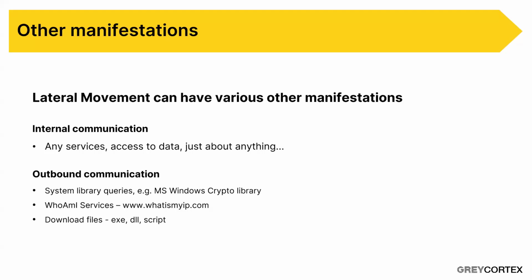Download the wrong files, executables or DLLs with vulnerabilities inside. Be careful for that. Most of the time that's covered by the firewall or the outgoing communication to the internet. But when it stays internal and you have the lateral movement there, then it's good to know that it's there, so you can take some actions.